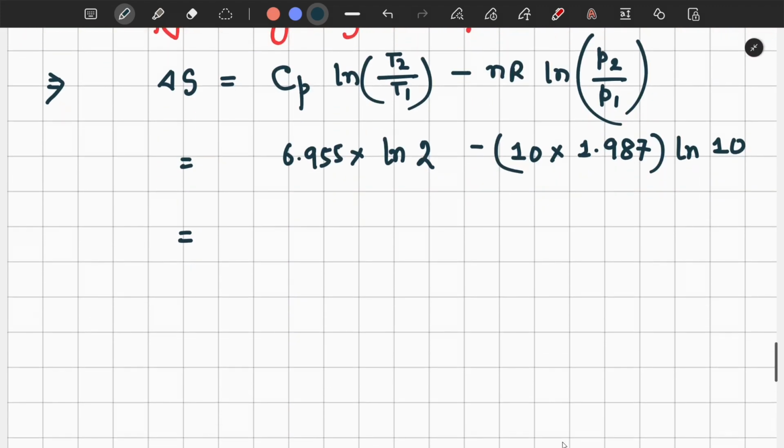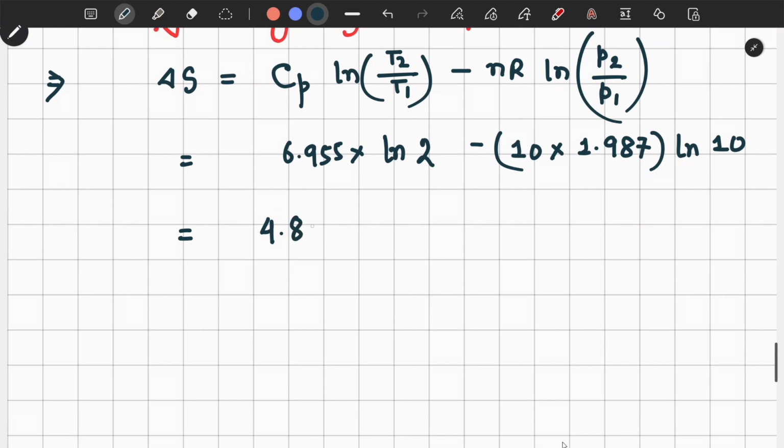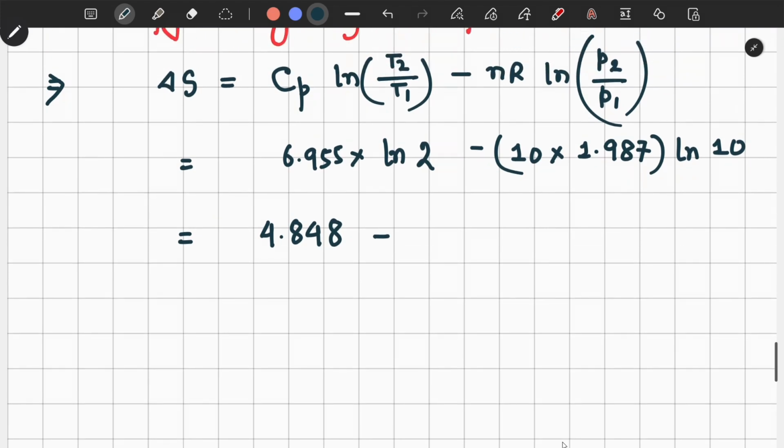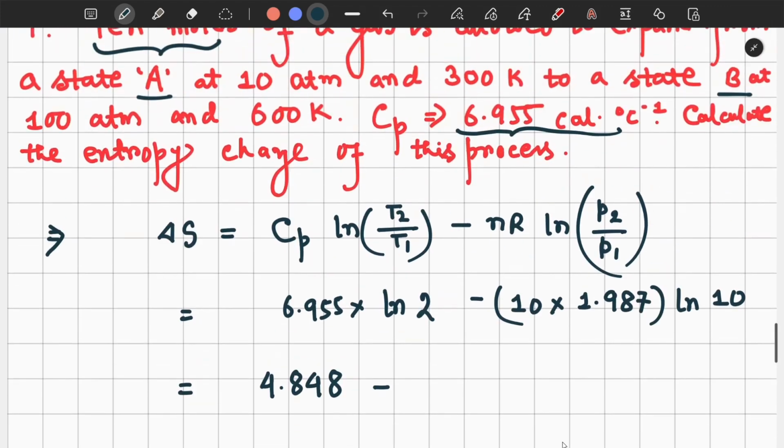So it will be ln 2 to 26. So it gives us 4.848 minus. This is also here, it will be obviously 10 will be there, right? Because it is 10 mole. Or it is per mole. That is not explicitly mentioned.